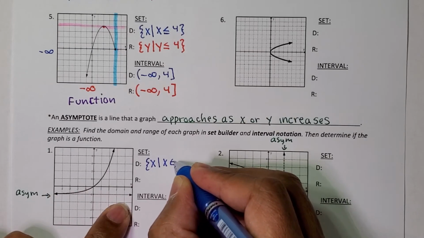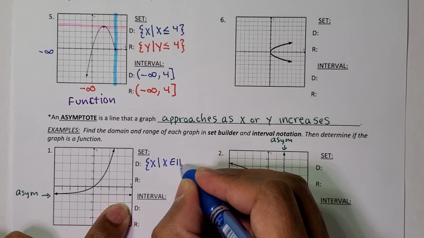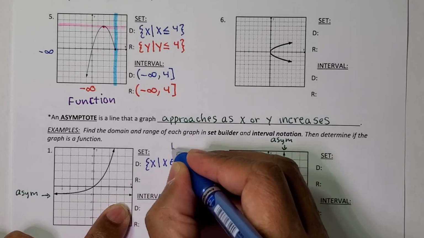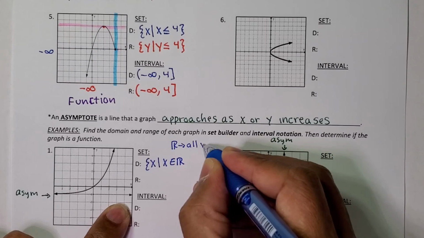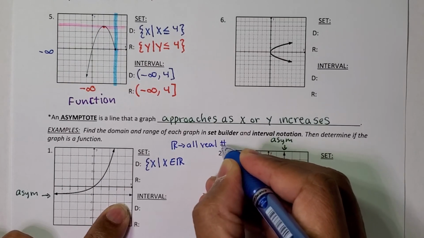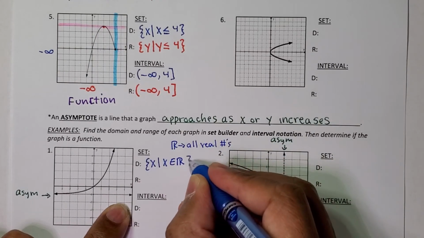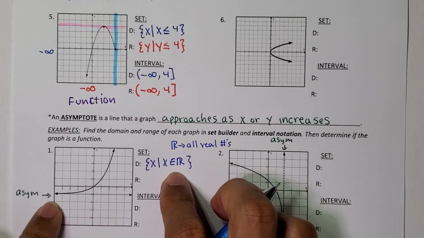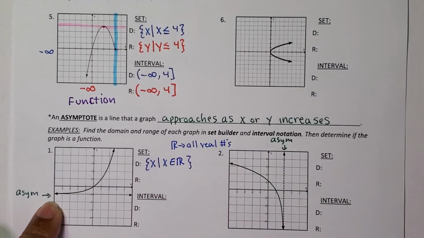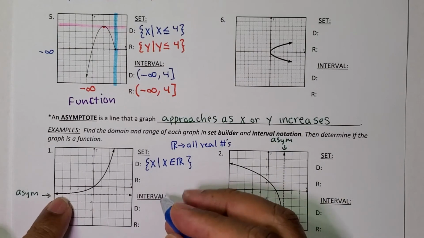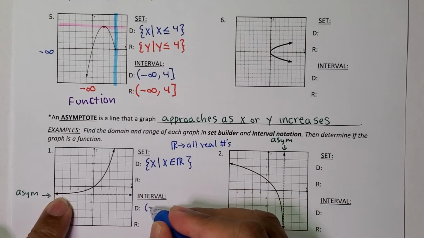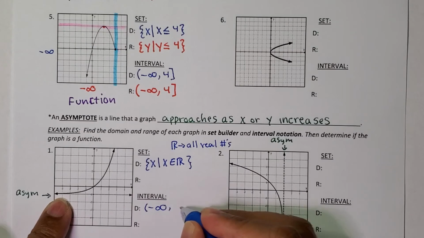So remember that epsilon symbol and this symbol, where this symbol means all real numbers, and this is how you would state the domain for this graph. And that's in set builder notation. Now for interval, this goes to negative infinity to the left and positive infinity to the right.